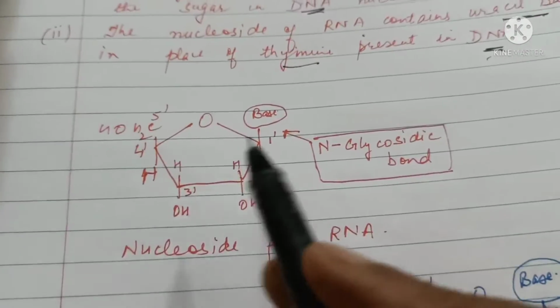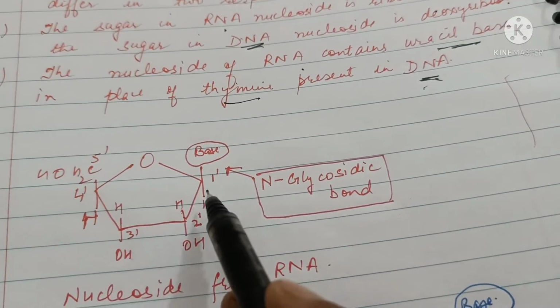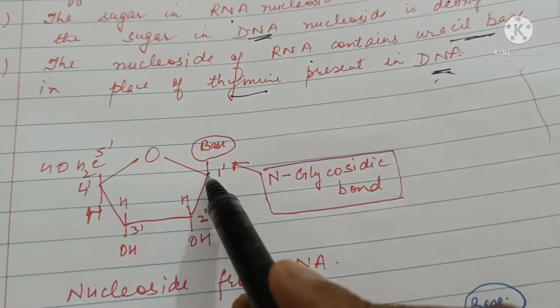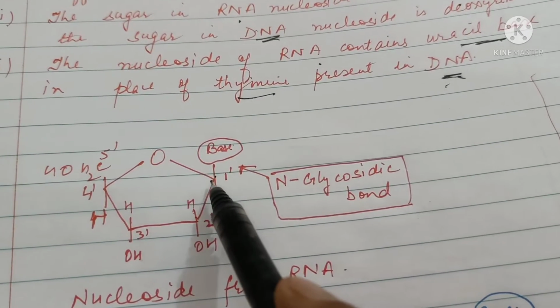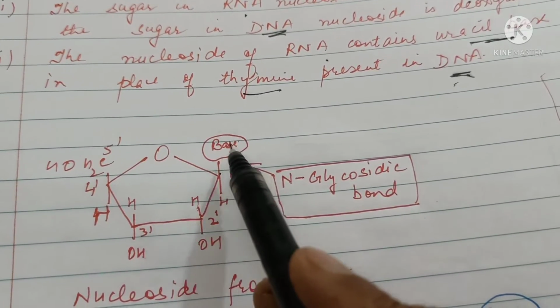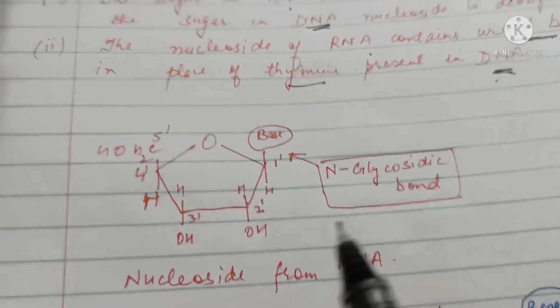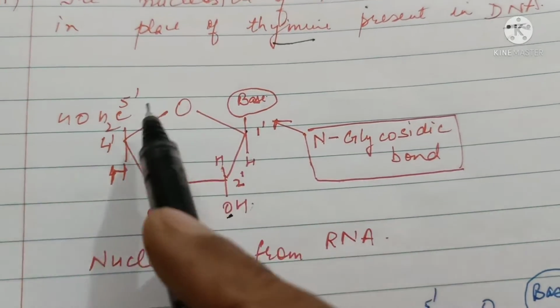So this is a sugar molecule, ribose, and a nitrogenous base is attached to the first carbon of this ribose sugar. Then base plus sugar will form a nucleoside. This is for RNA. In case of DNA, the oxygen will not be present in ribose.